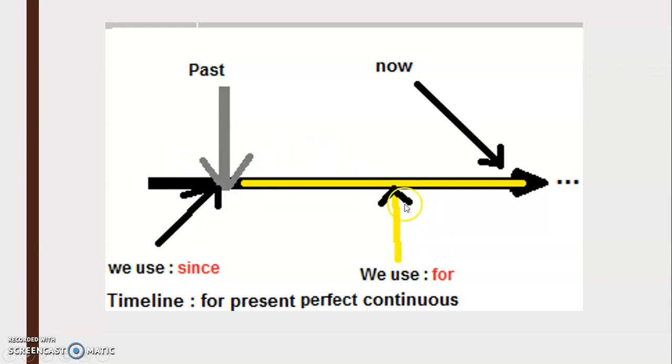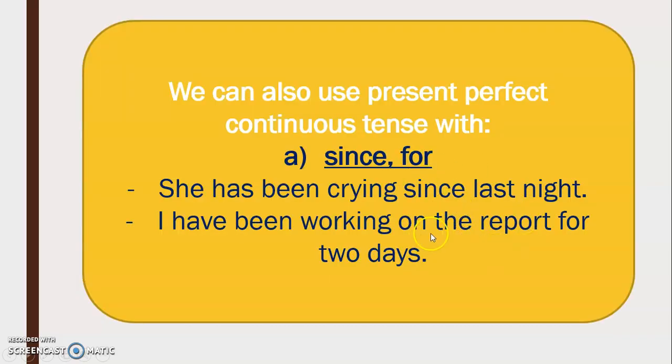And for the word for, we use it when we want to describe duration. How long? Like for here just now: I've been working on the report for 2 days. So the duration is 2 days, right?